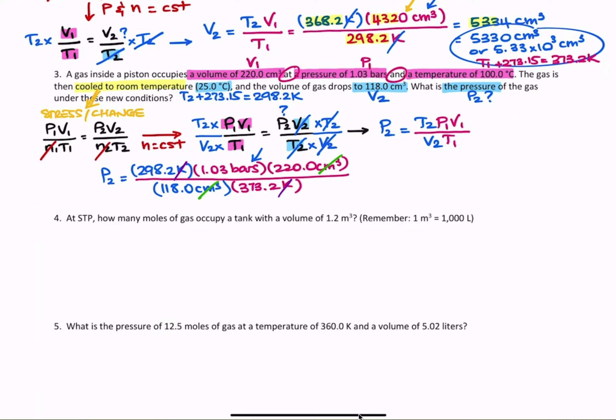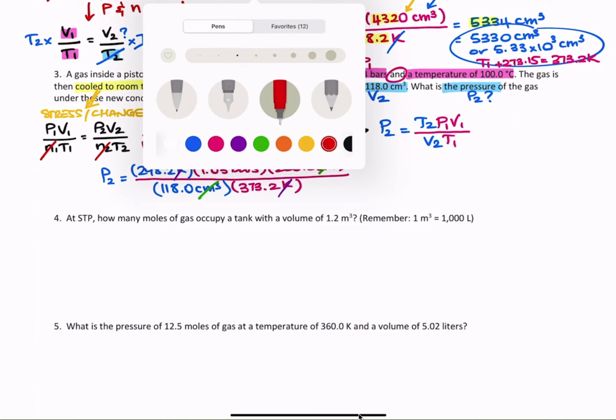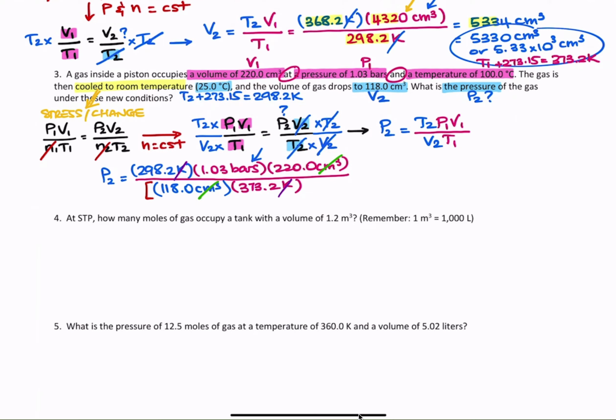So when you do this on your calculator, don't forget that you have to divide, and these two have to be below the division line. Plug this into your calculator and you get 1.534418769 bar, sig figs wise 4, 3, 4, 4, 4.